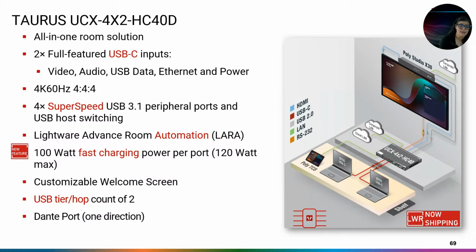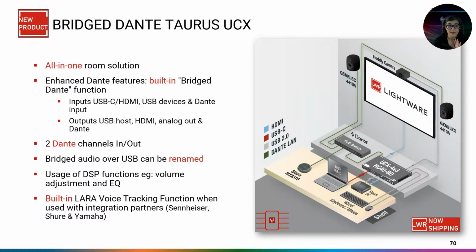If that is not enough for you, we have a bridged Dante Taurus. This is also an all-in-one room solution. It is going to have a built-in DSP in it. So you are truly going to be able to do all of the different kinds of things that you can do in a normal DSP and through that bridged audio.